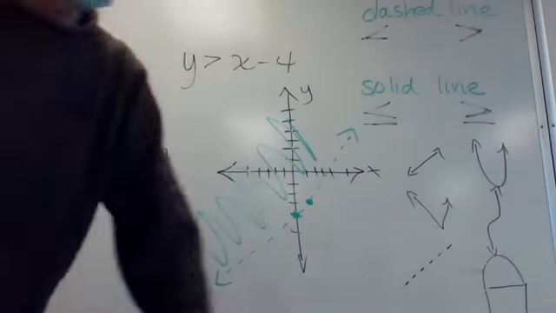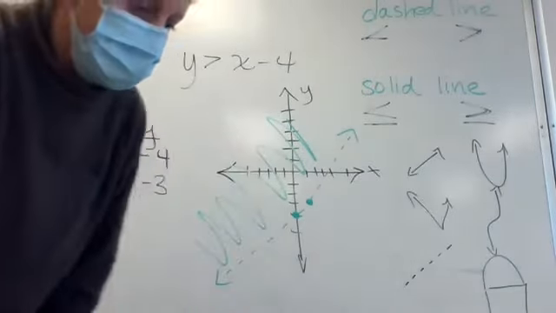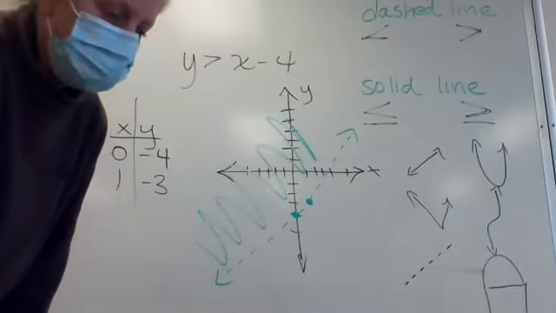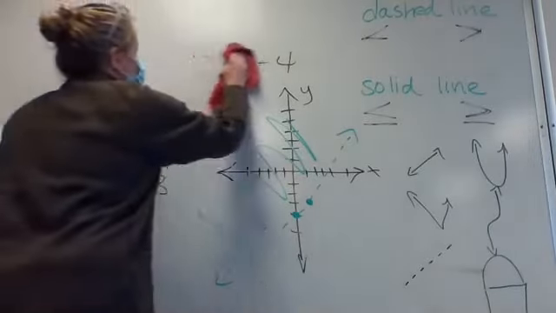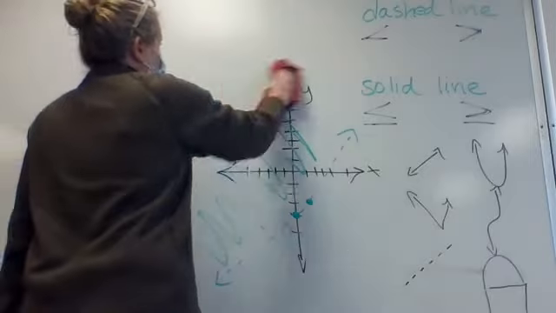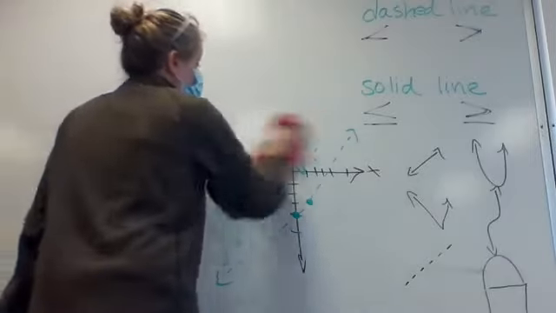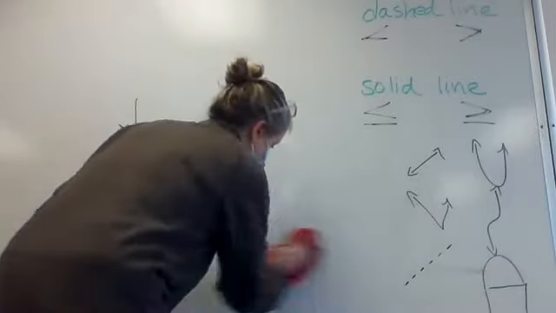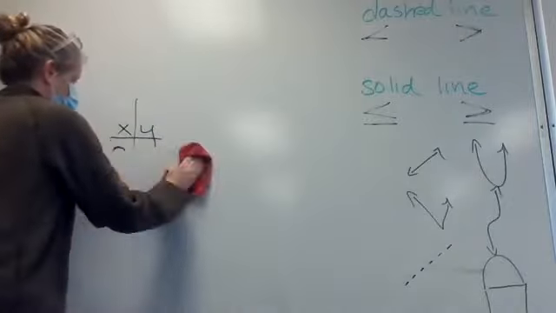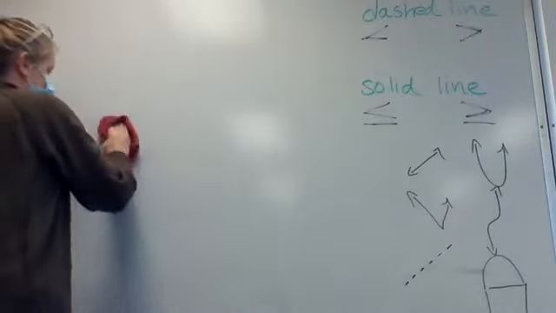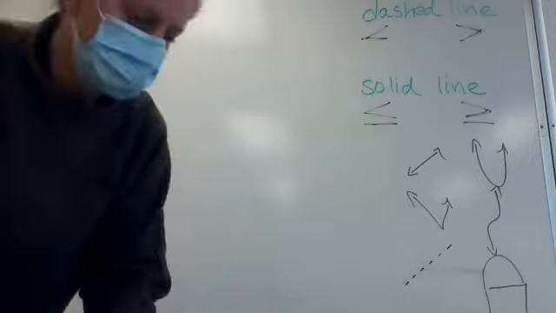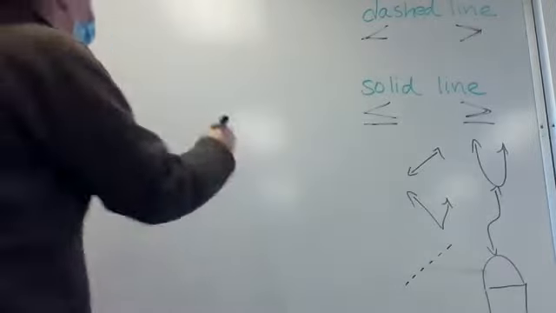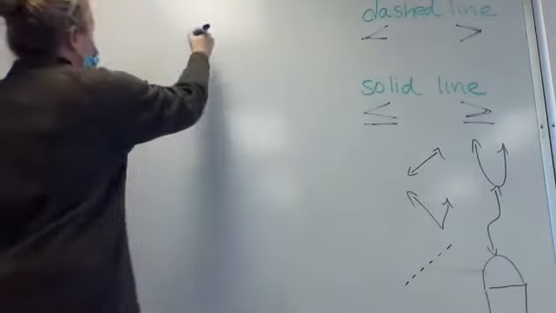All right, number 2. 5x minus 3y is less than or equal to negative 9.